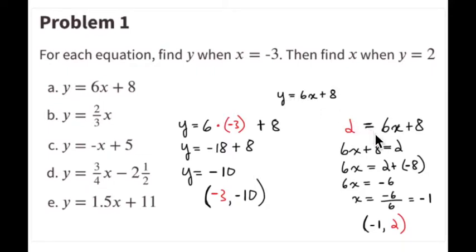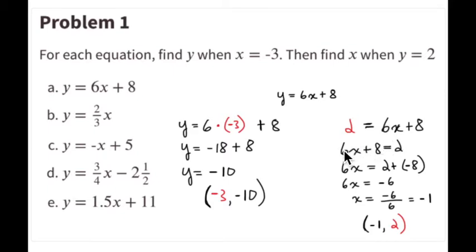On the right side, y is equal to 2 and y equals 6x plus 8. This is a little bit tougher because you have to do some algebra to get this x by itself to figure out what x equals. Well, the first thing I did is I moved this entire expression on the right side to the left and the expression on the left side to the right.